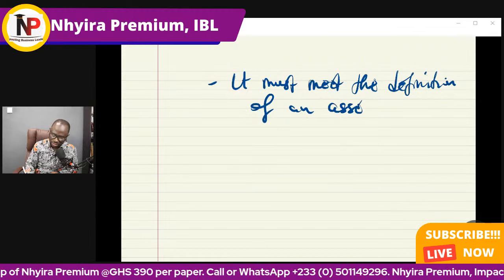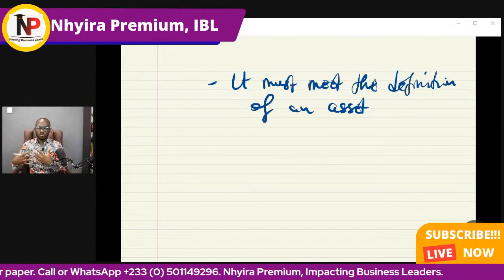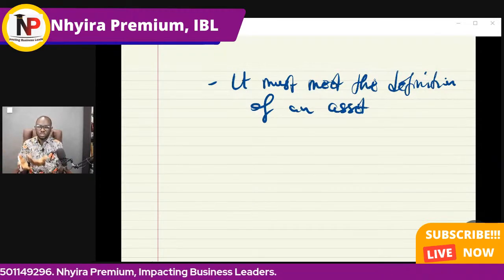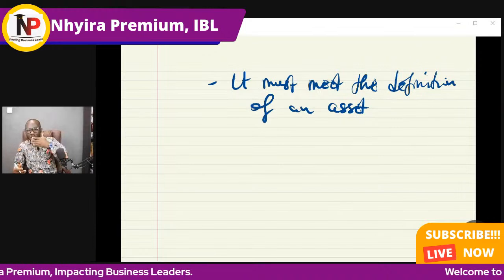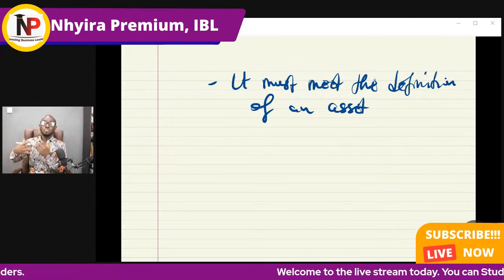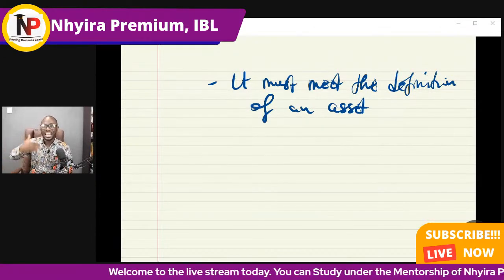That is the background, the backdrop, if you want, for us to tell if this is supposed to be recognized as an asset or not. So to recognize a transaction or an item as an asset, it must meet the definition of an asset. Now, what is an asset?